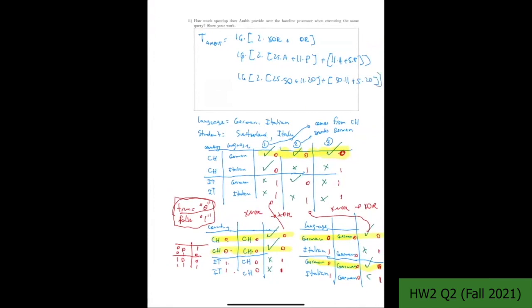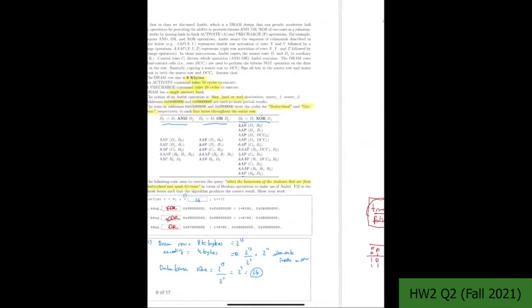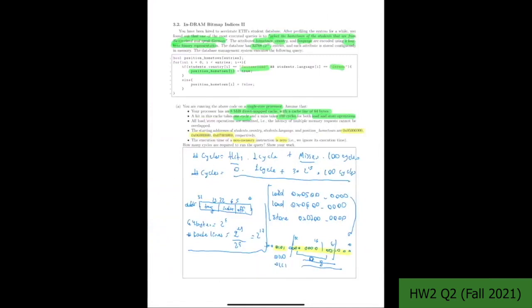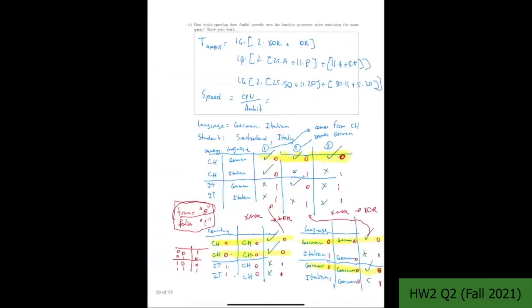Okay, so the speed up is going to be the time that it takes to execute on the CPU divided by the time that it takes to execute on ambit. The time to execute on the CPU we figured out in the prior question is 3 times 2 to the 15 times 100 cycles.